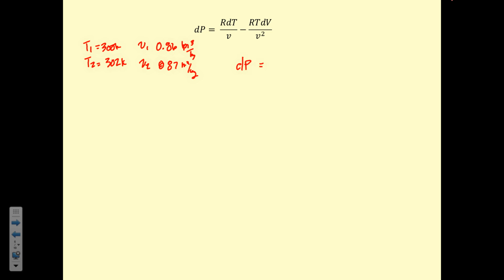dP is equal to R, which is 0.2870 kilojoules per kilogram Kelvin. We can take that out of the equation and just put it up front, multiplied by dT.